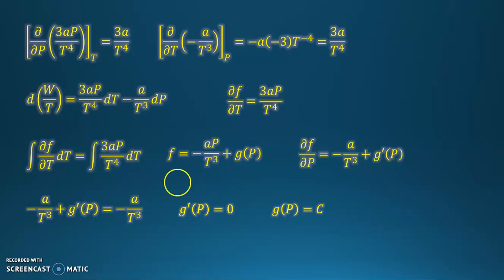So that means that the function that we are looking for is equal to f, it's equal to minus a p over t cubed plus c. So that is the function that we were looking for.